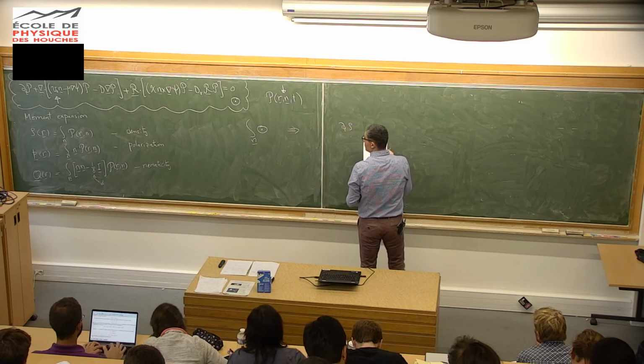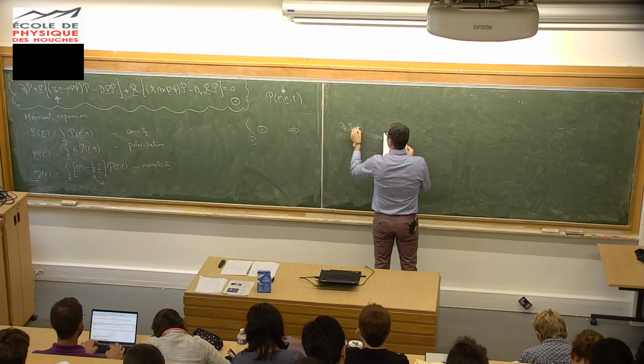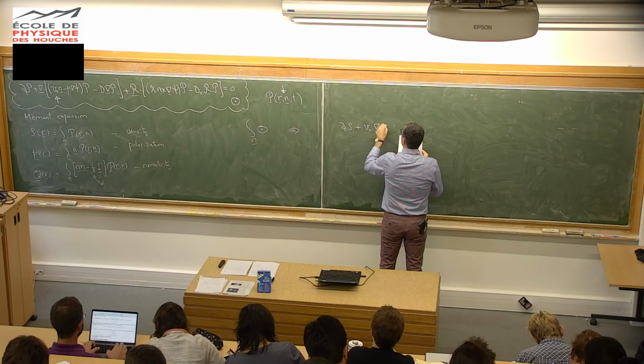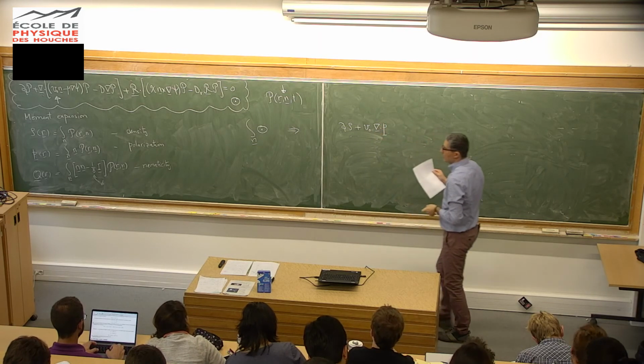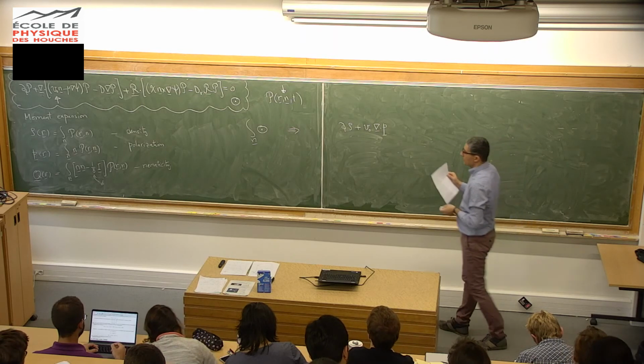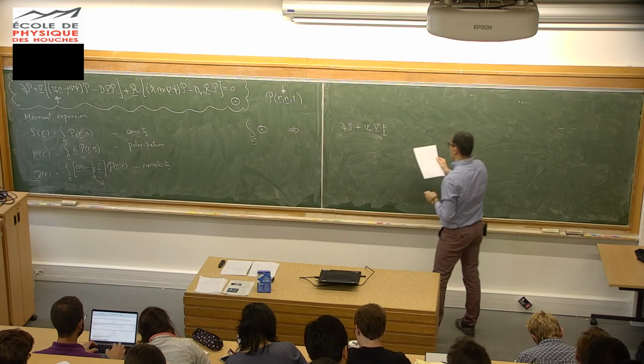The first one will give me just density. The self-propulsion term will give me V0 times divergence of the polarization. That's fairly clear from the expression itself.